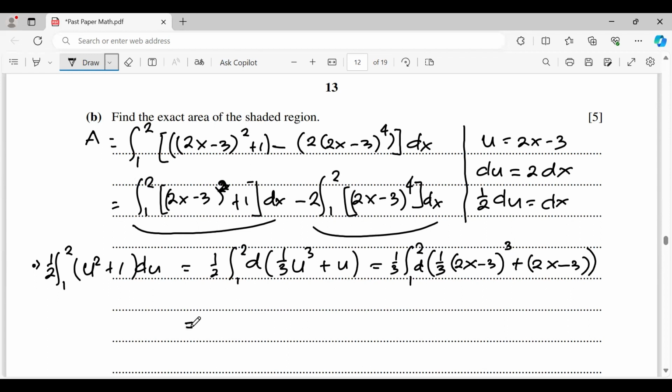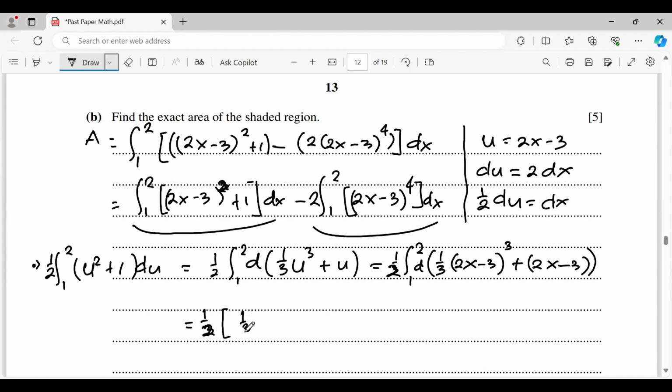After that, substitute 2 and 1. Sorry, this is half, because it's half.